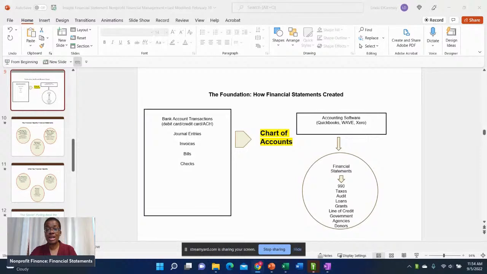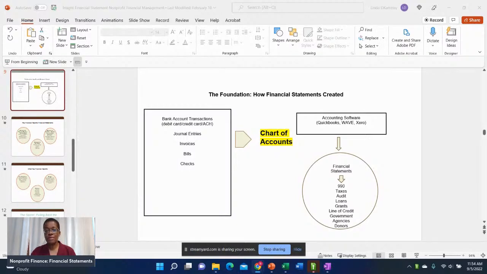On the revenue side, you could have a donations account, a grant account, you may have sale of product or services. So it's very important that your chart of accounts is set up correctly. All of those financial transactions go into an account on the chart of accounts. Depending on the type of account, it dictates where that account shows up on the financial statement.